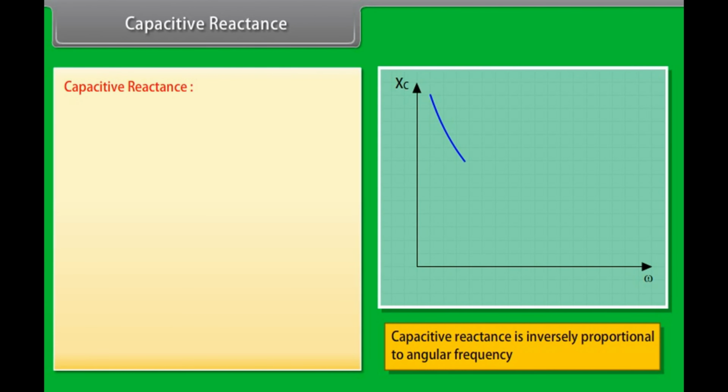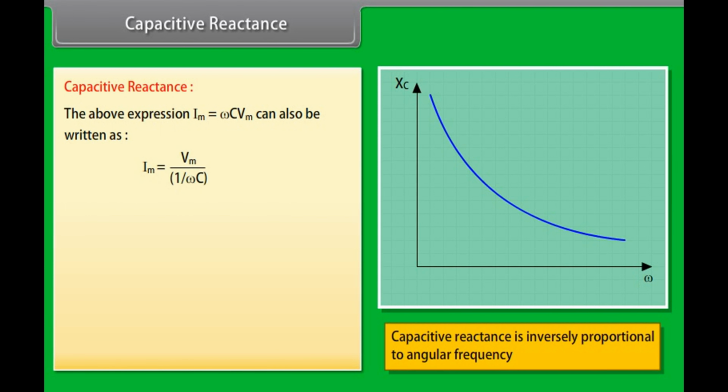Capacitive reactance. The above expression Im equals ωC Vm can also be written as Im equals Vm divided by 1/ωC. The capacitive reactance Xc of the capacitor is given by 1/ωC.